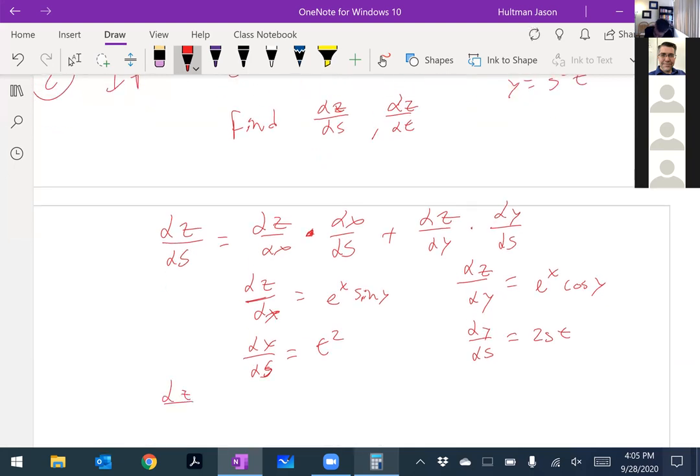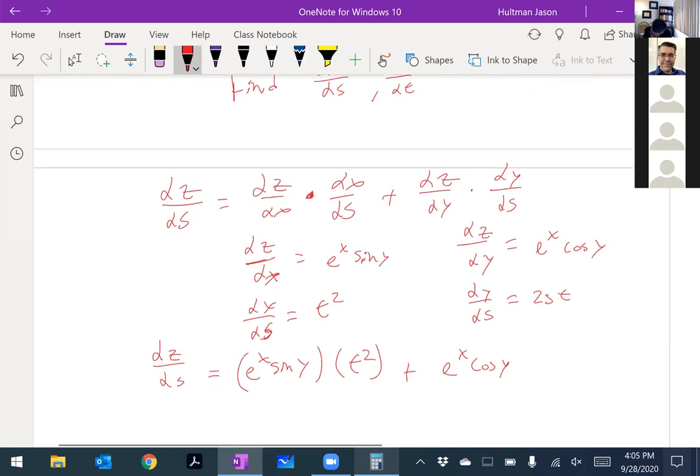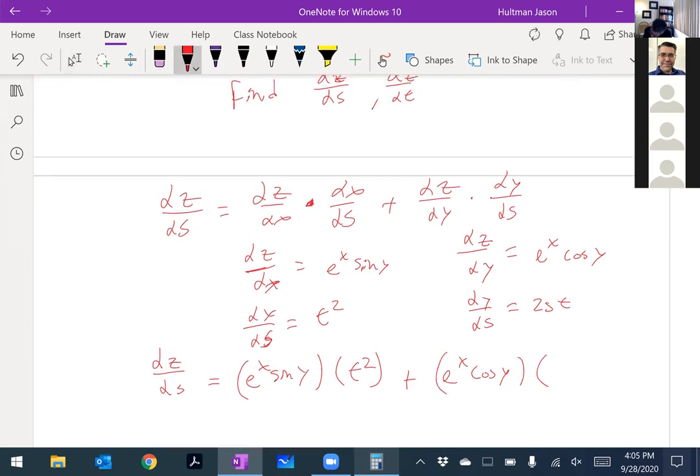The partial of z with respect to s is equal to dz dx, which is e to the x sine y, times dx ds, which is t squared, plus dz dy, which was my e to the x cosine y, times dy ds, which is 2st.